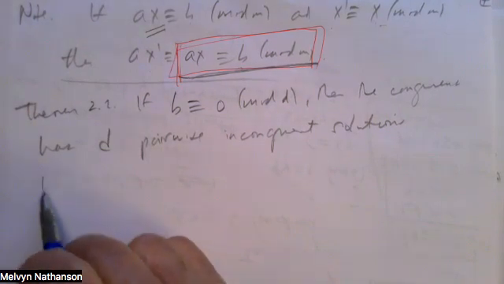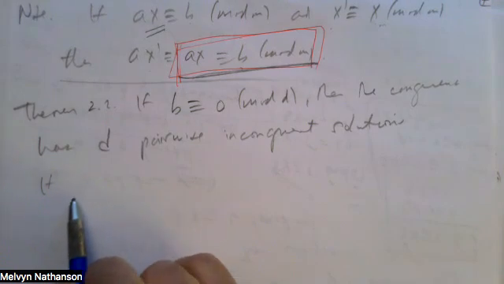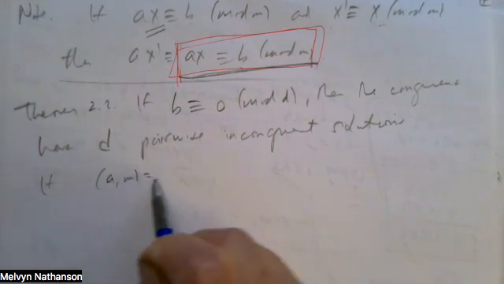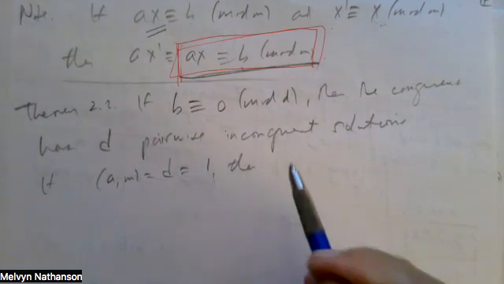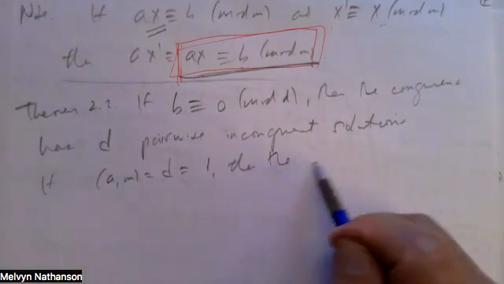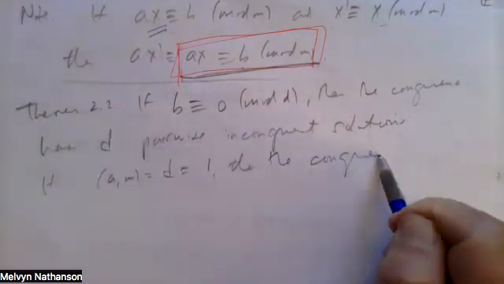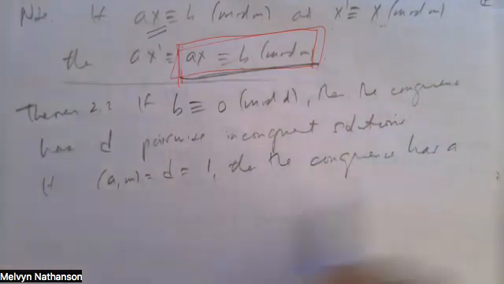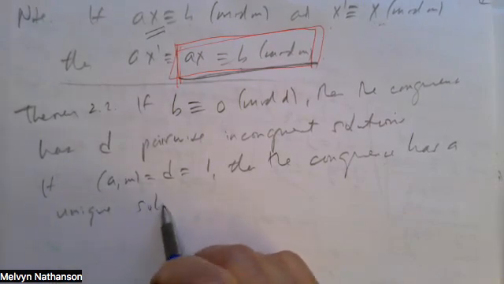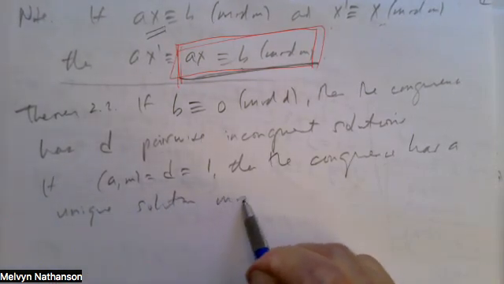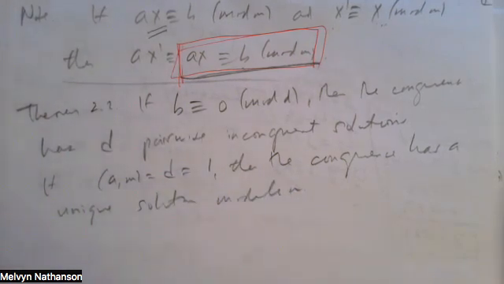In particular, if the greatest common divisor of A and M is 1, if D equals 1, then the congruence has a unique solution modulo M.